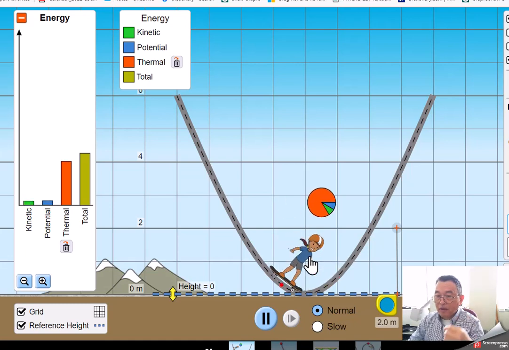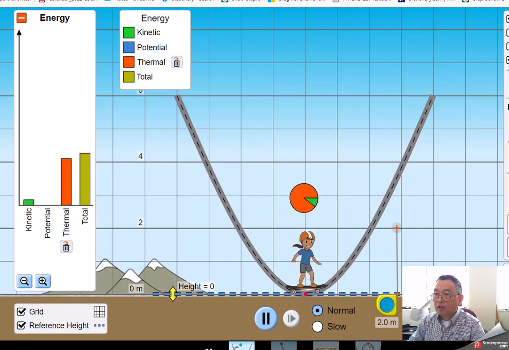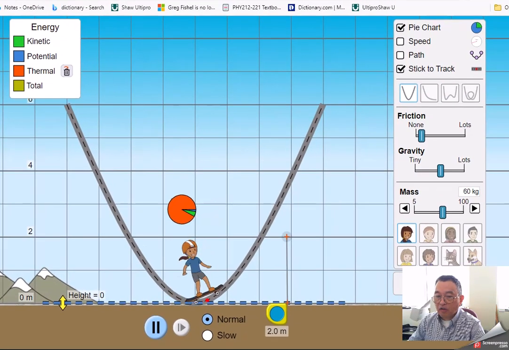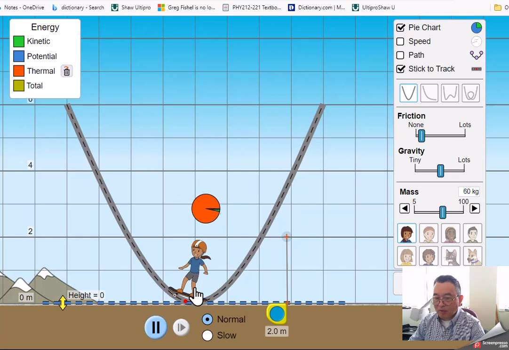Now we can also change the friction here. Friction is the mechanism that resists motion between two surfaces, and friction will be the factor that transforms the kinetic energy into thermal energy.